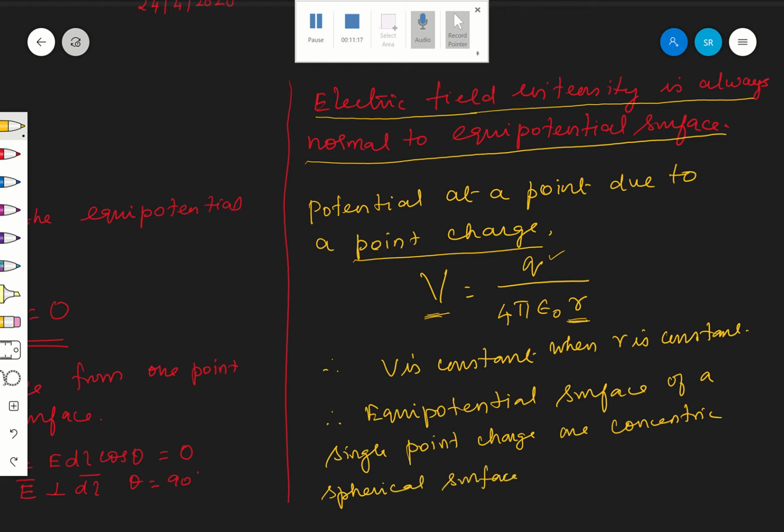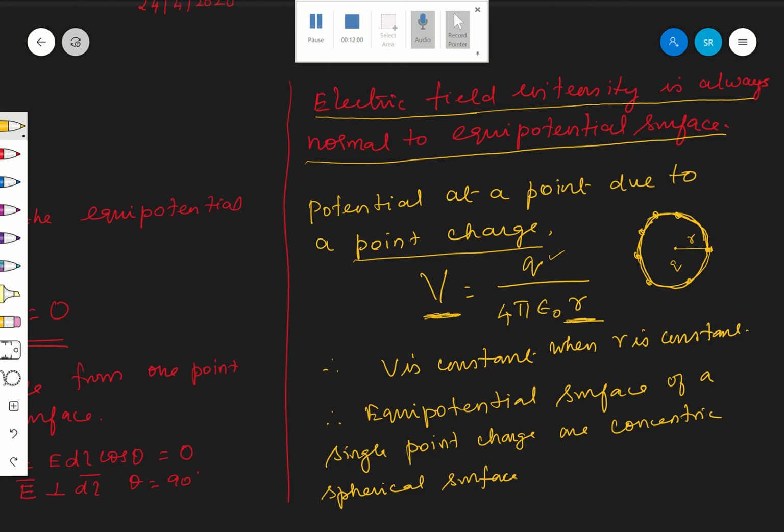Why? As long as r is the same, V will be the same. When will r be the same? Only when it is at the same distance. If you draw a sphere of radius r, each and every point on the sphere, it should be a perfect sphere, not like this, is at the same distance from the charge, therefore they are at equal potential, definitely.